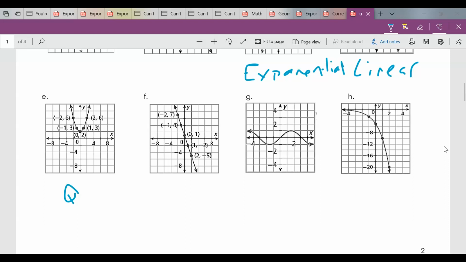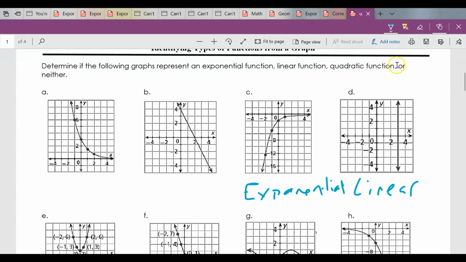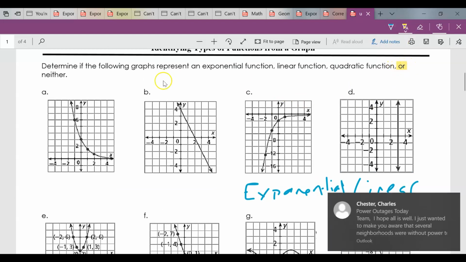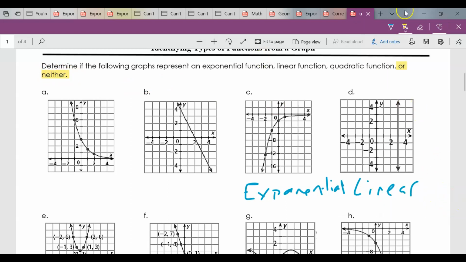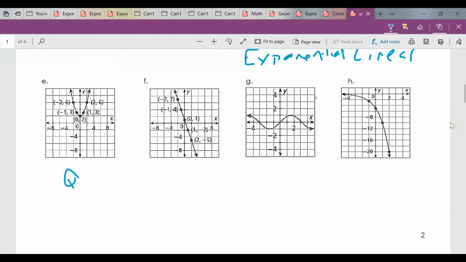In G, if you noticed, it says "or neither." Since it says "or neither," I know that there is also that option that it is not going to be any of them. And this is not something I've seen before, so this would qualify as neither. And I'm just going to leave an N for now.